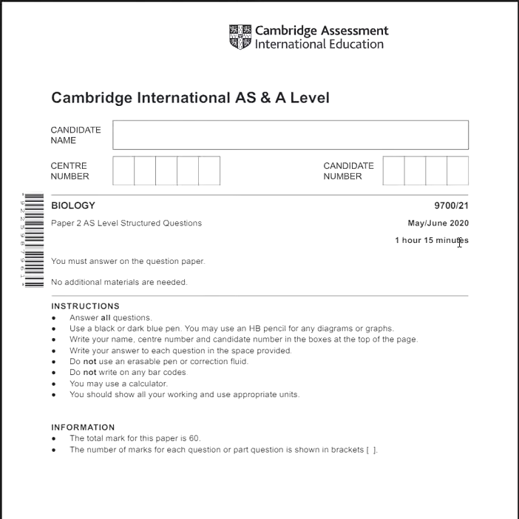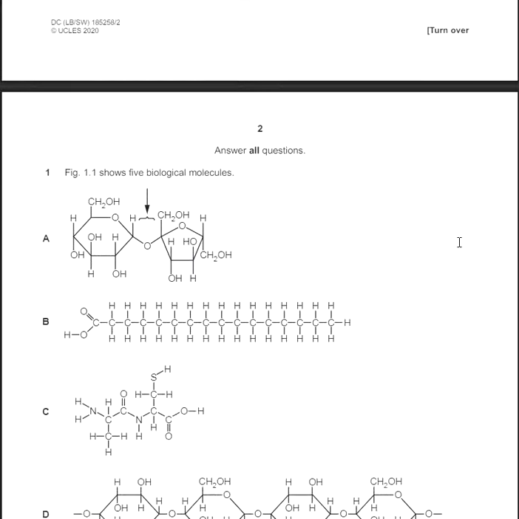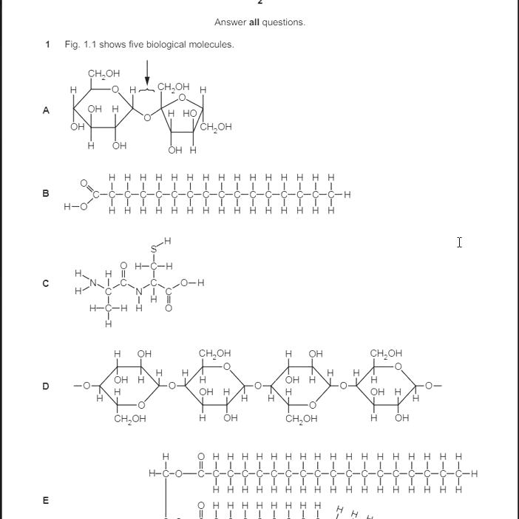And let's dive right in and see what the first question holds for us. Okay, so first we start with a figure. Figure 1.1 shows 5 biological molecules. We see a disaccharide here.